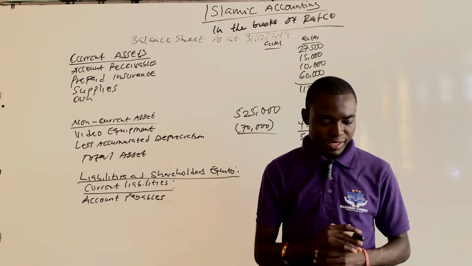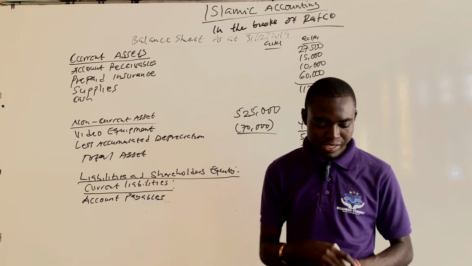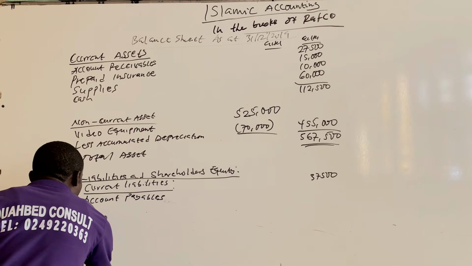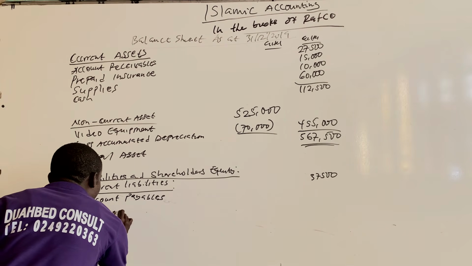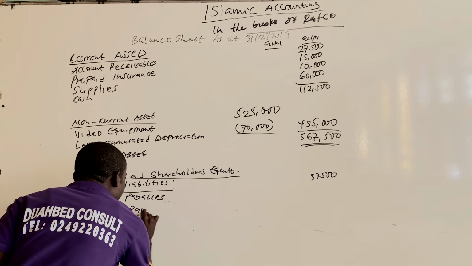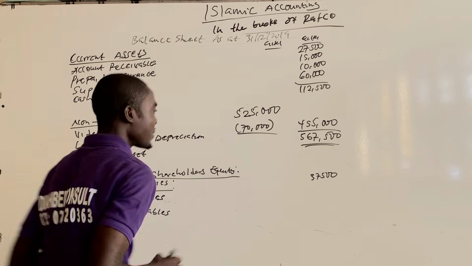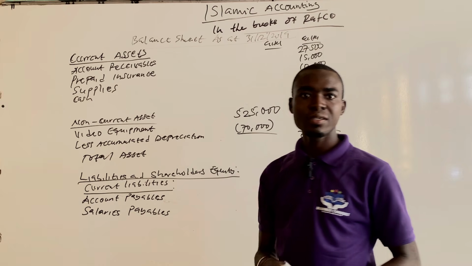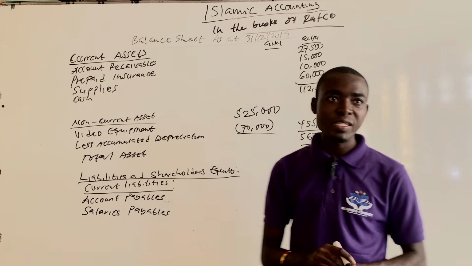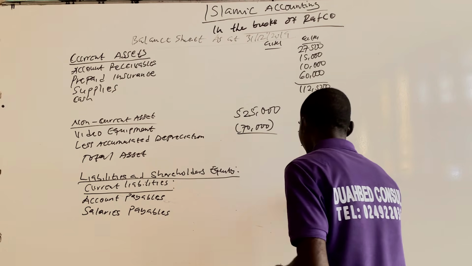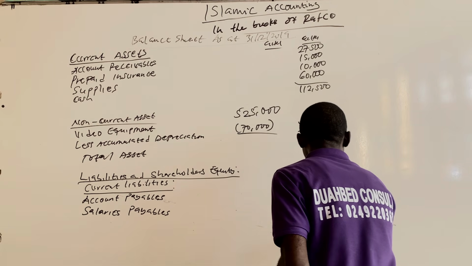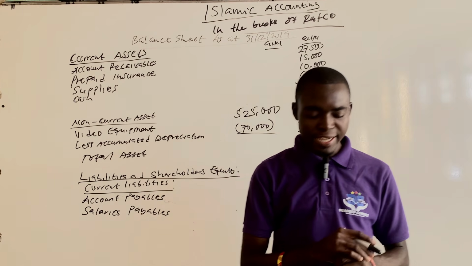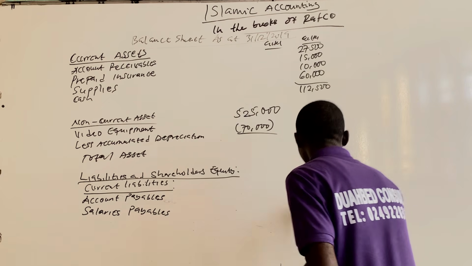And then we have salary payables, and the amount is 7,500. The summation of the two will give you the total current liabilities, which is 45,000.